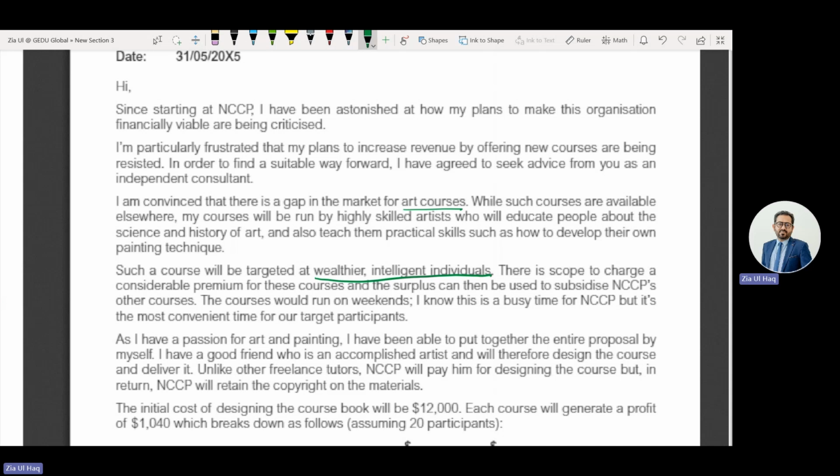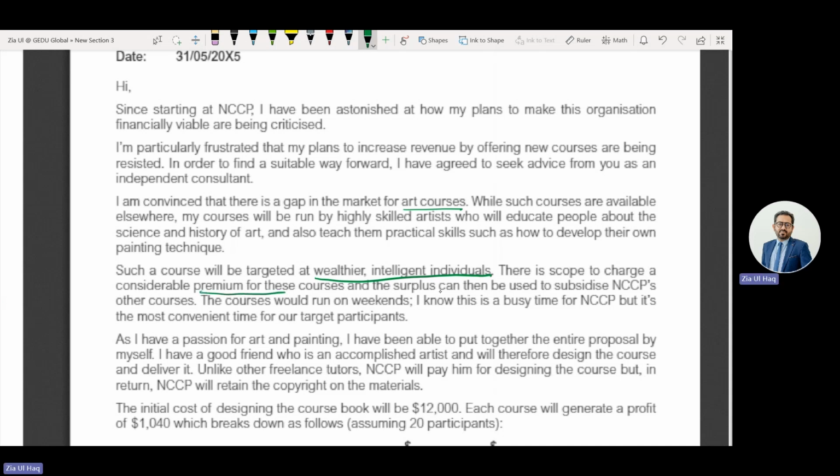Your main mission is to provide education courses to those people who cannot afford, not to target wealthy customers who can afford. Let's see, there is scope to charge a considerable premium for these courses. I mean, we'll charge a high price as well.